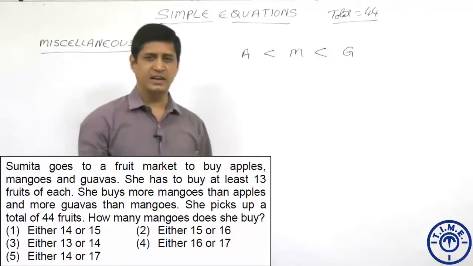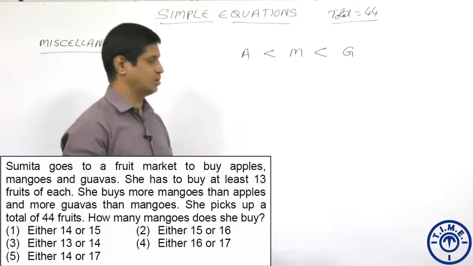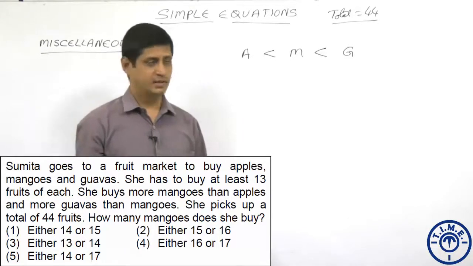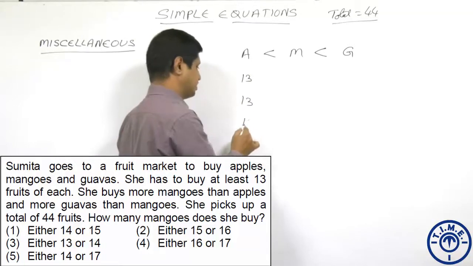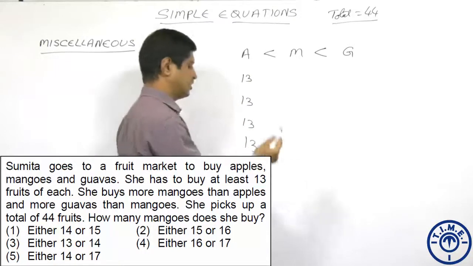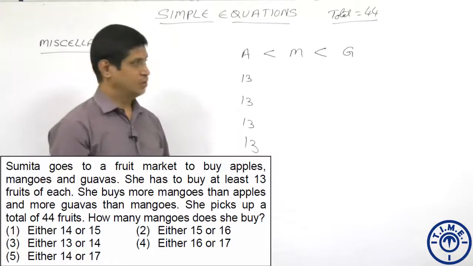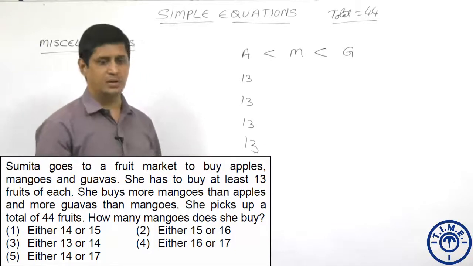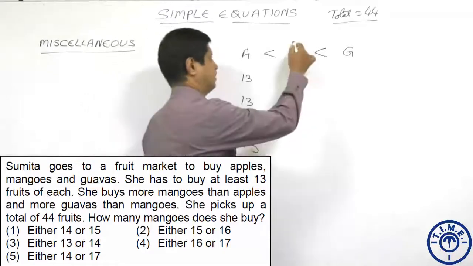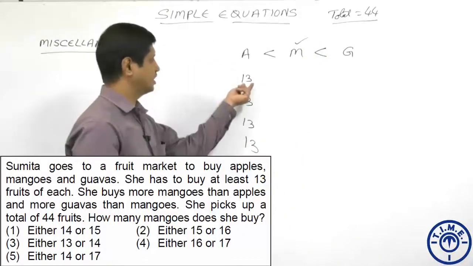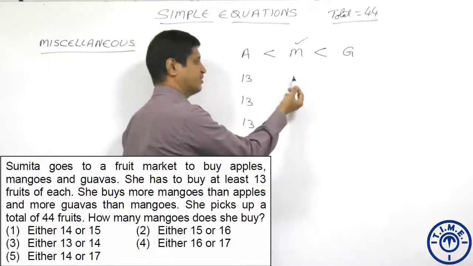Now, what is the at least number? At least means each of at least 13. Here apple is the least number, so I am taking apple as 13. Now, what are the other possibilities? What is the possibility of mangoes? Now we cannot take this value as 13.